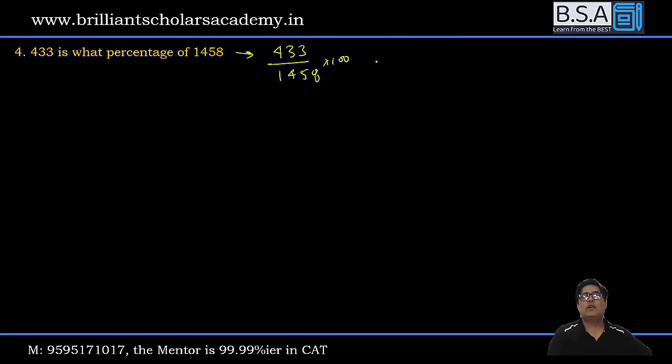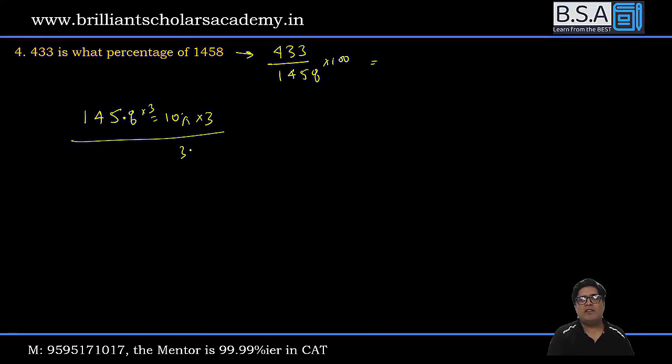So what we can do here is, this number 145.8 is 10%. Be careful. What multiple of 145 will go closer to 433? Roughly 3 times. So you make it 3 times here, and 3 times here as well.